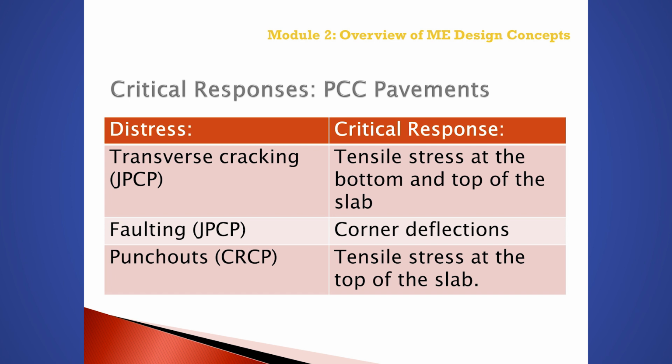Corner deflections are used to predict faulting in JPCP. And tensile stresses on the top of the Portland cement concrete slab are used to predict punch-outs for CRCP. The fundamental material laws and specific transfer functions for Portland cement concrete pavements are included in Module 5.